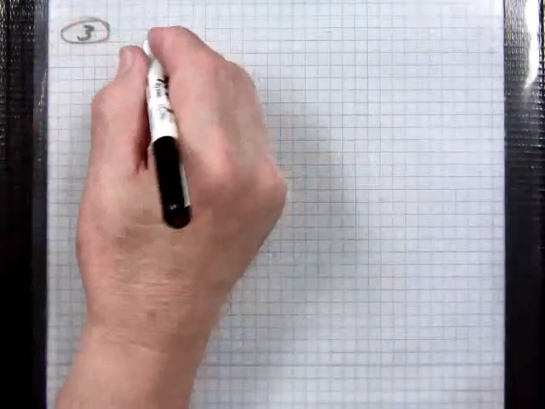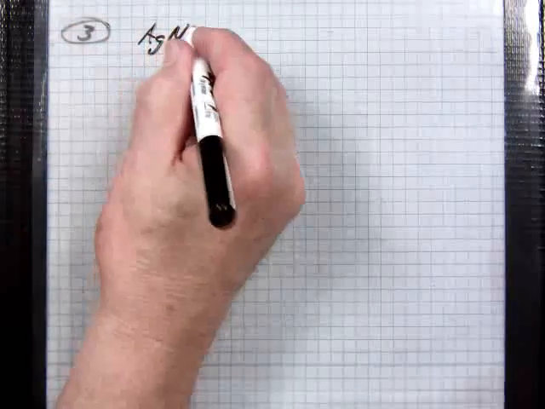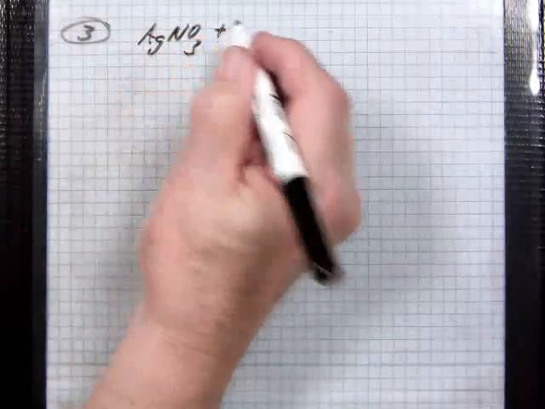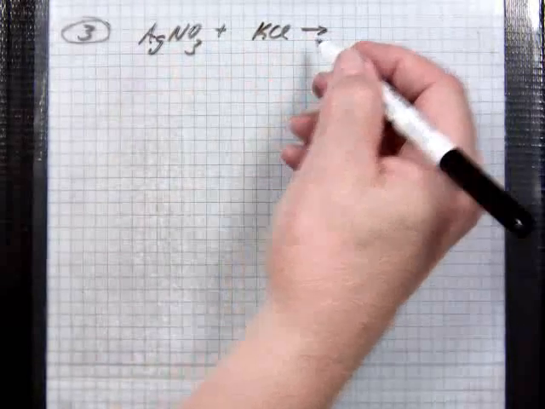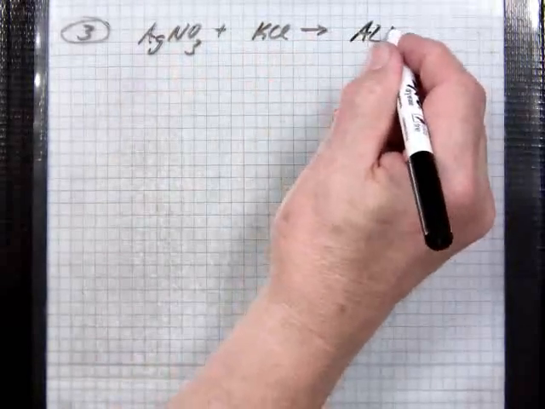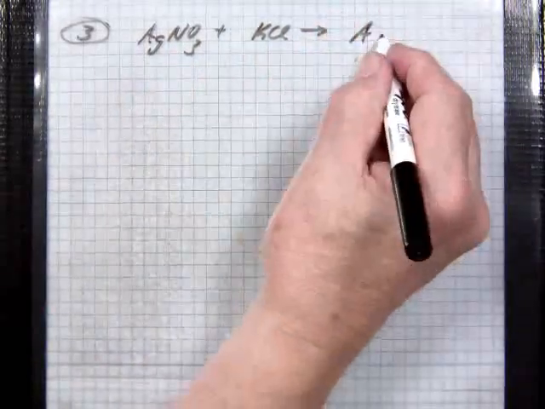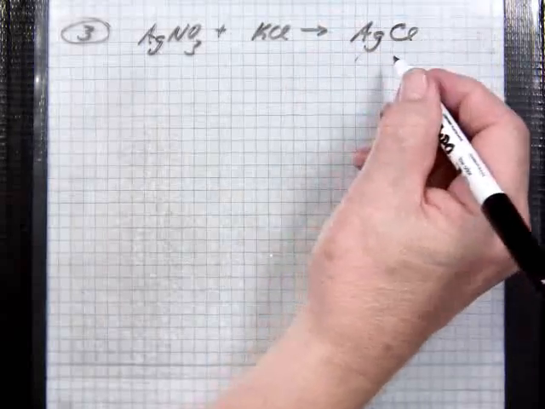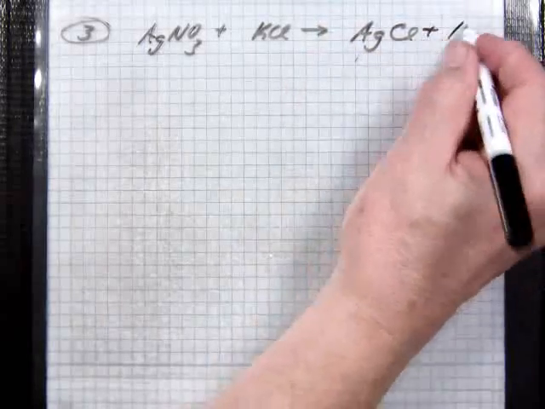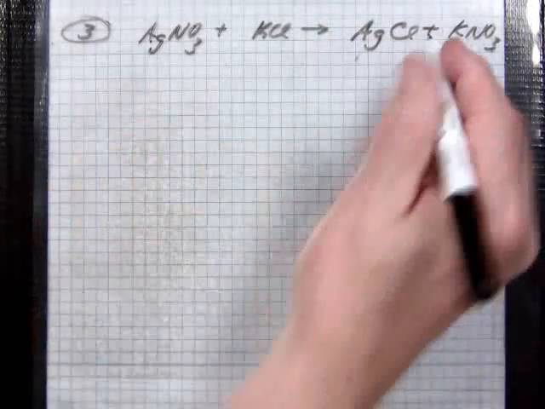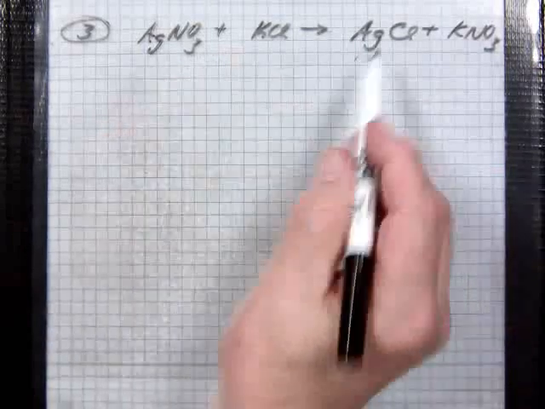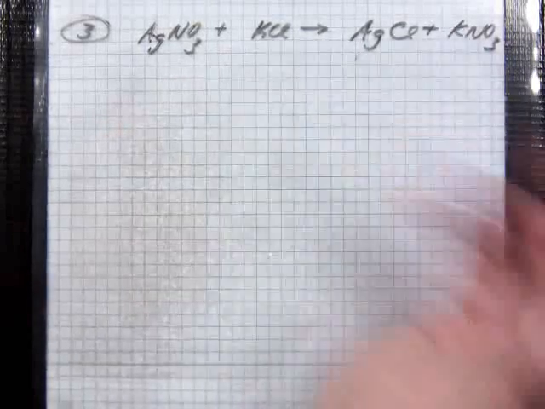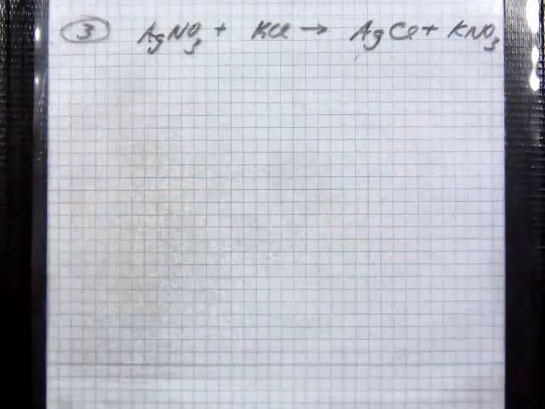We've got silver nitrate, and that's reacting with a KCl solution, and that's going to give silver chloride and potassium nitrate. And so to balance this is a 1-to-1, so that's correct. I don't have to do any more to it.